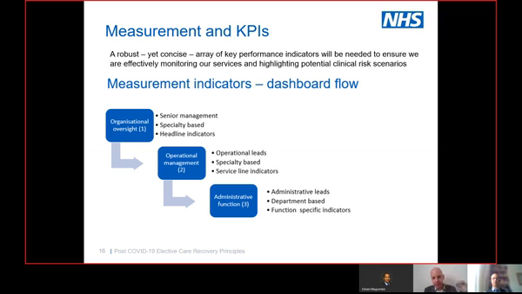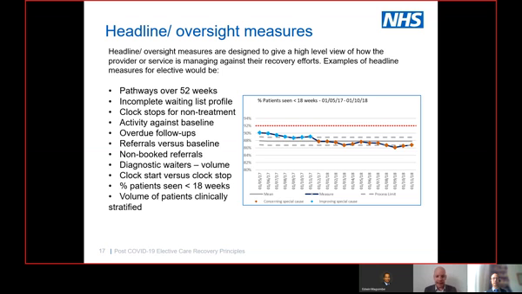So those would be department-specific dashboards, such as radiology, such as theatres, such as endoscopy, such as your booking services, both inpatient and outpatient. So our current thinking has no more than about 10 KPIs in each of those sections because we need to keep it relatively concise.